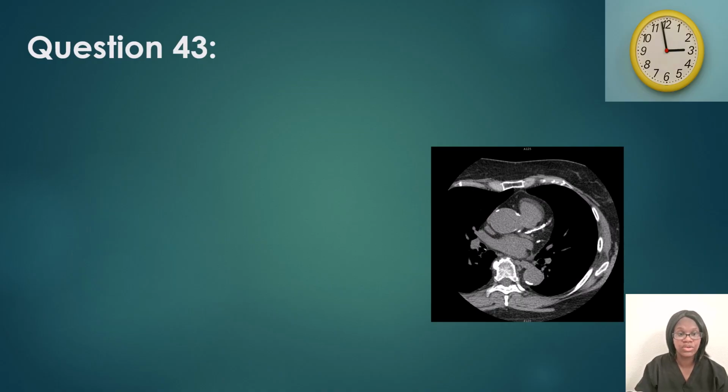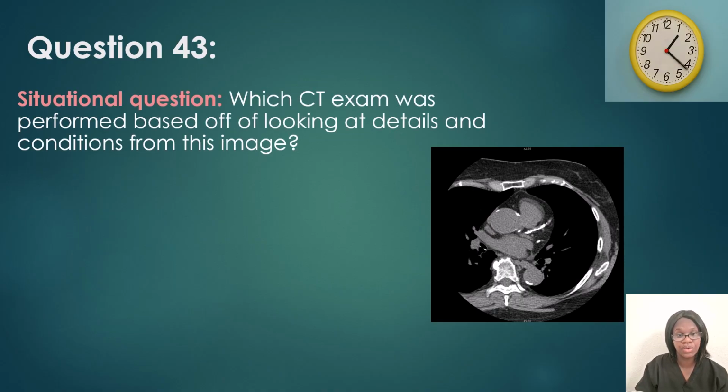So question 43. This is a situational question. Which CT exam was performed based off of looking at details and the conditions from this image? So looking at this image, which CT exam do you think was performed?